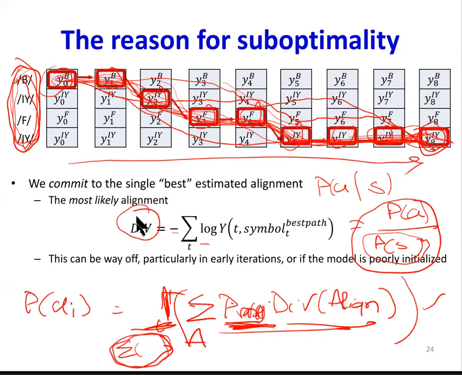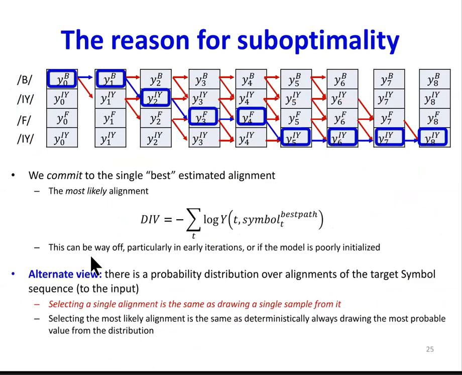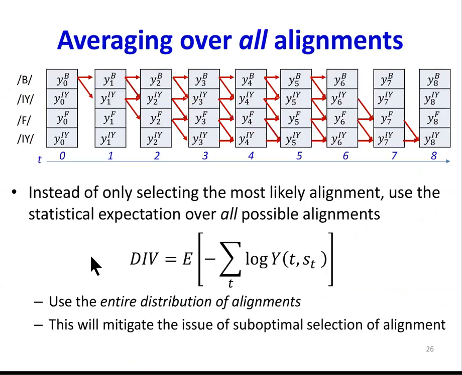This term is what I'm going to be weighting the divergence of each alignment by, and then I'll sum over all of the alignments. What does that give me? Anybody want to tell me? That's going to give me the expected divergence over all possible alignments. Does that make sense to everybody?